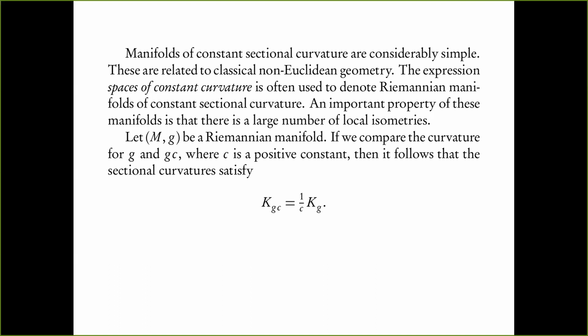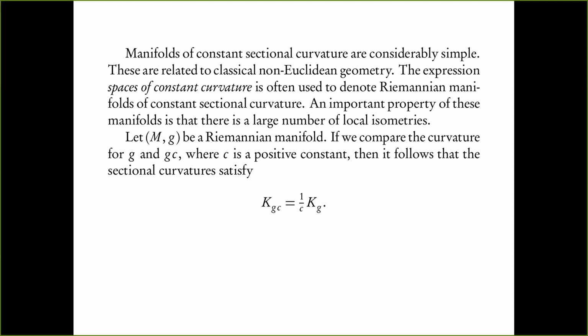A pictorial visualization of this: take a sphere of radius 1 with the usual metric, the curvature is 1. Scale the metric by 2, and then one can show that the sectional curvature of the sphere with the scaled metric will simply become half. That's because the original unit vectors now become 2, so if you calculate the sectional curvature, you have to scale by half.